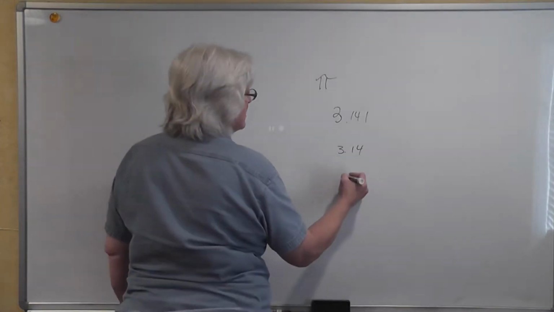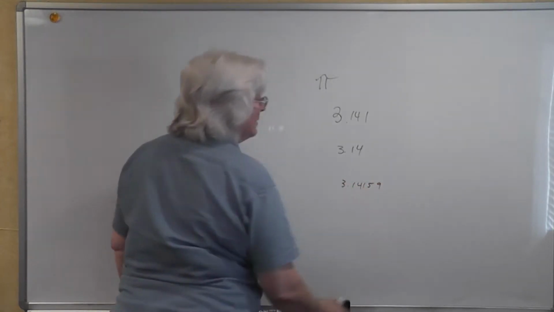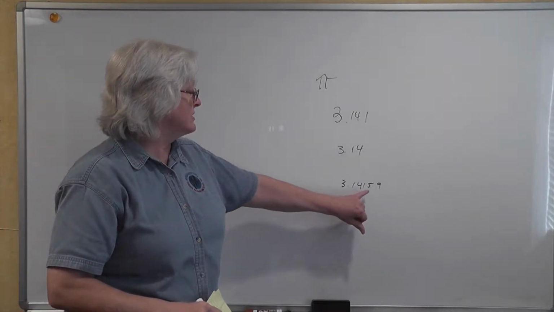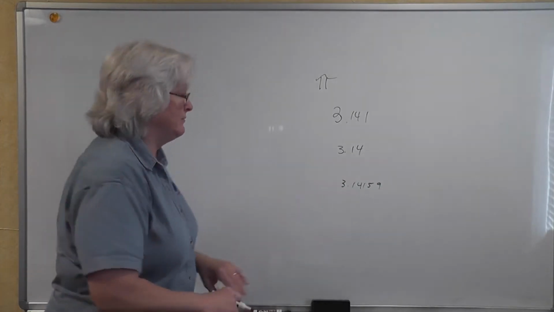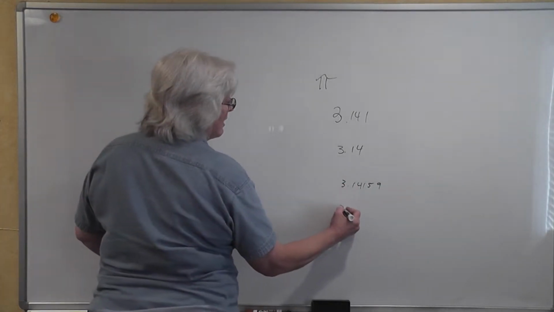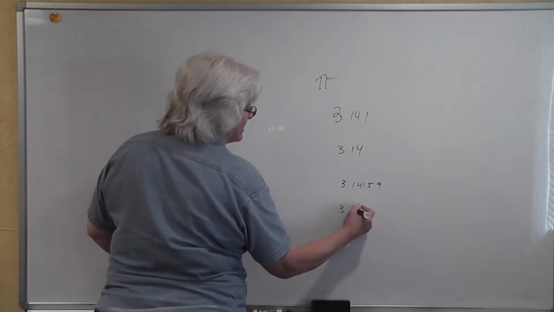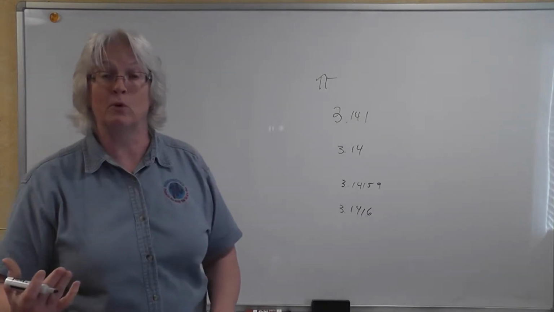How about this? 3.14159. What if we wanted to round to the nearest tenth, hundredth, thousandth, ten-thousandth? Then we look at the digit to the right of it. And pi rounded to the nearest ten-thousandth is approximately 3.1416.